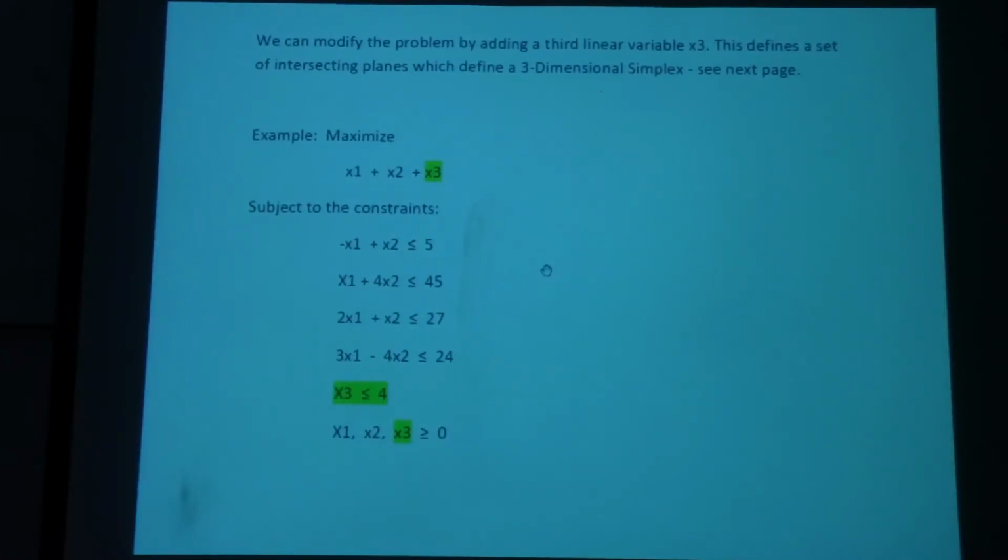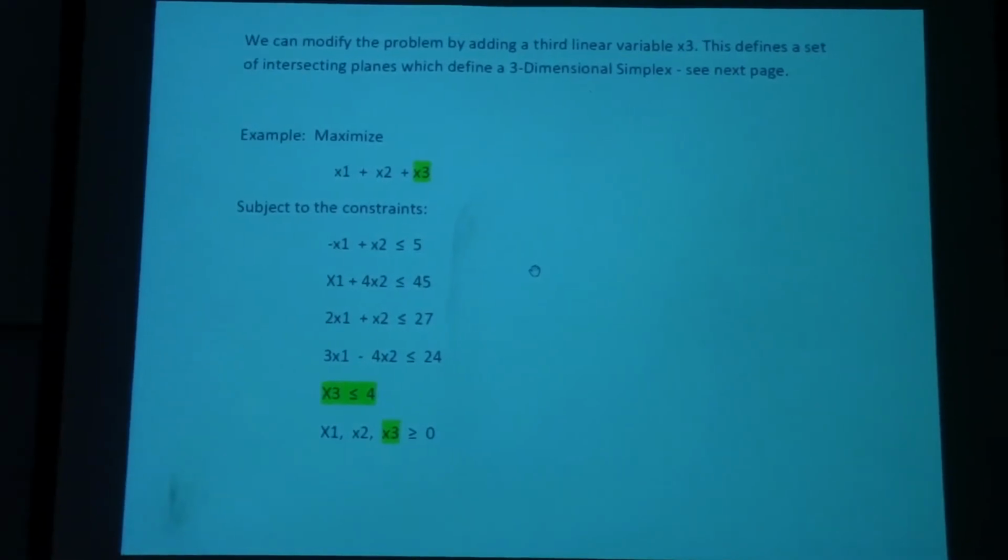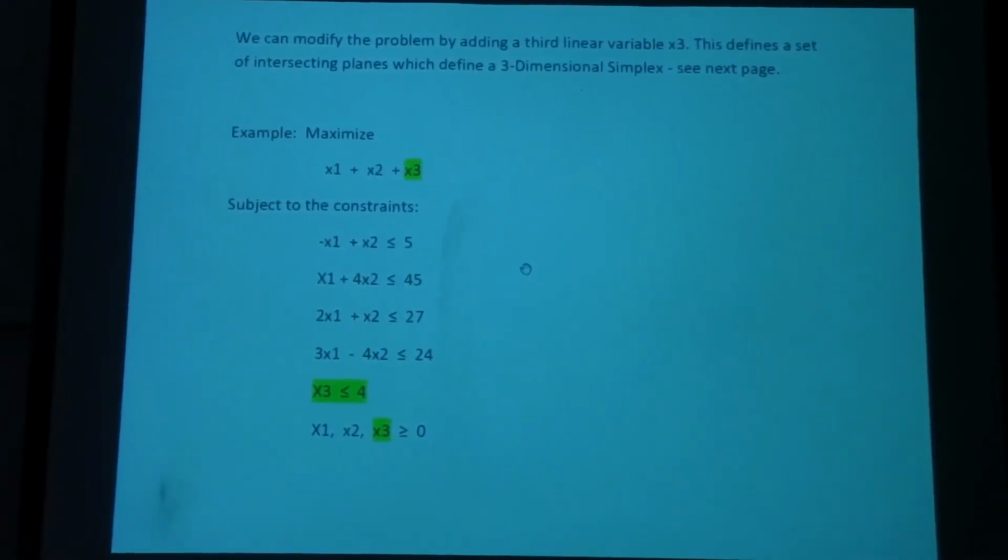So it becomes a little bit more difficult to imagine, and certainly we can go to 4 dimensions or n dimensions, and then we lose the ability to have a good geometrical visualization, but it may make a lot of sense because it's easy to understand that you might want to optimize an equation with 4 variables. Very common, right? You want to maximize some bunch of these variables together according to some constraints.